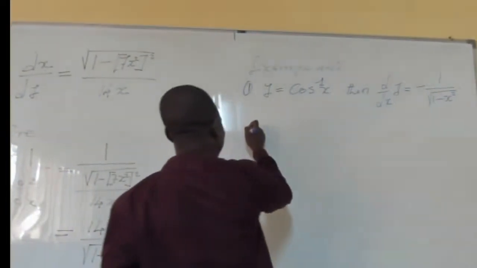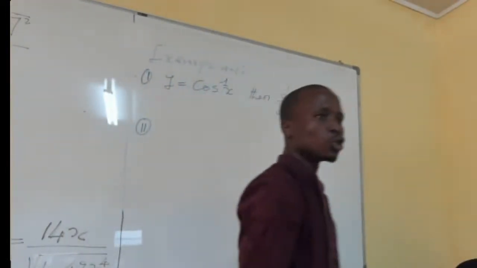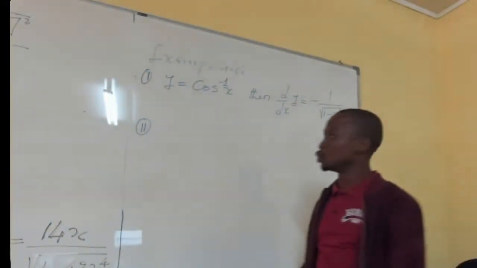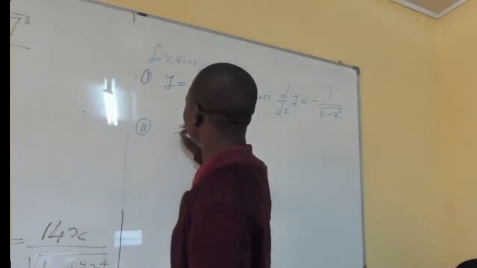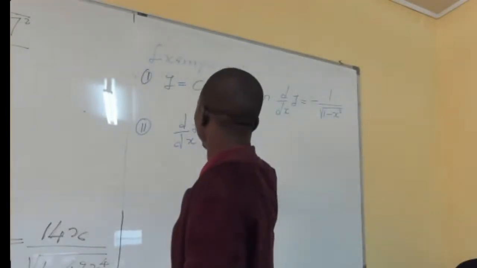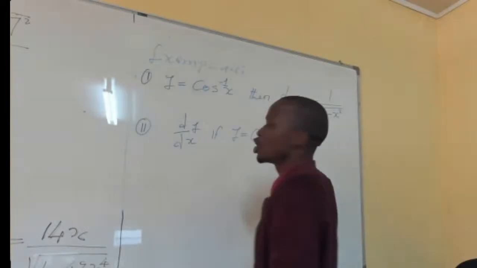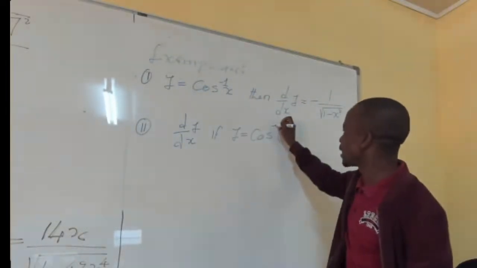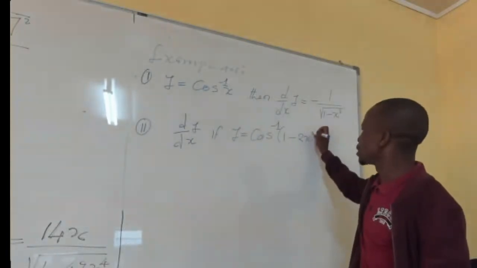Then the next part is asking us, using the idea that you have found in one, find dy/dx if y is equal to the inverse cosine of 1 minus 2x squared.